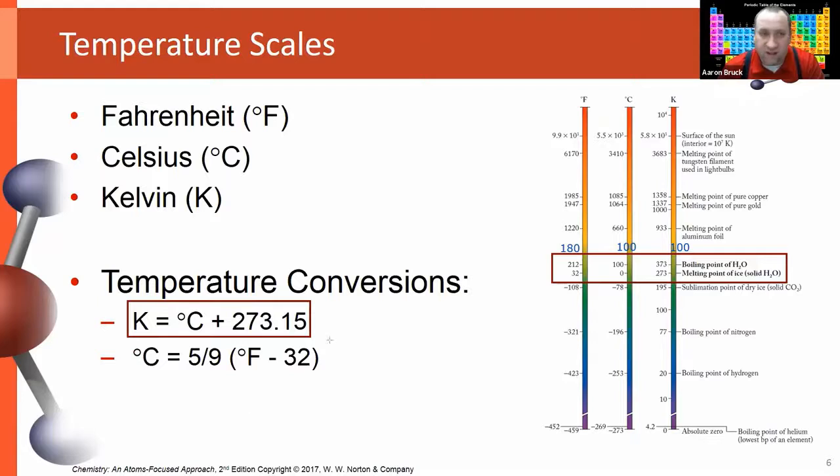Now, where does this other equation come from? This 5/9 times Fahrenheit minus 32. Well, this is a really common way of showing this particular equation. I actually favor a different way, though.